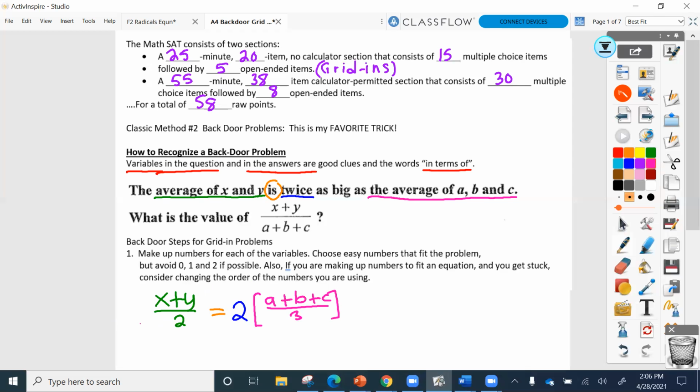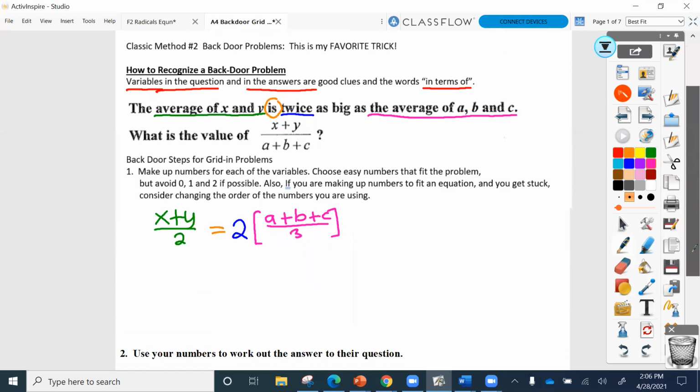First, since we've got 3 numbers, let's start first by naming A, B, and C. Actually, let's start with X plus Y. Let's figure out some numbers that would fit that.